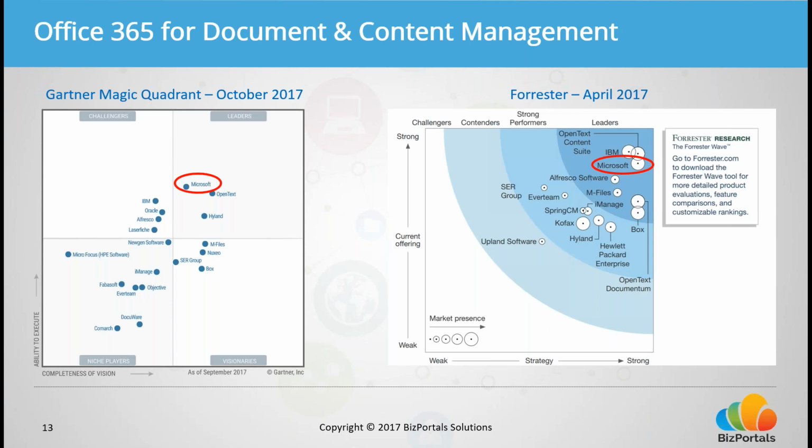And of course, as you know, there are many document and content management options out there like Box and DocuWare. Microsoft is evaluated as a leader in content management for businesses large and small by the prominent Gartner and Forrester.